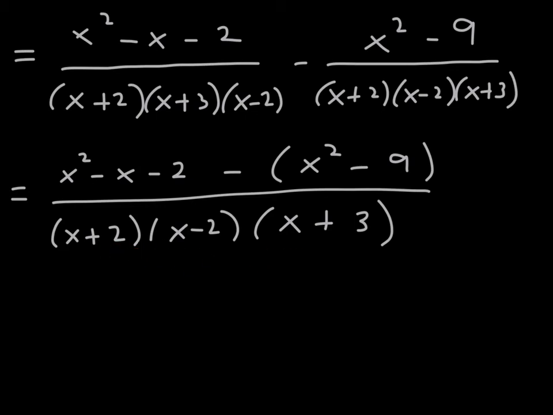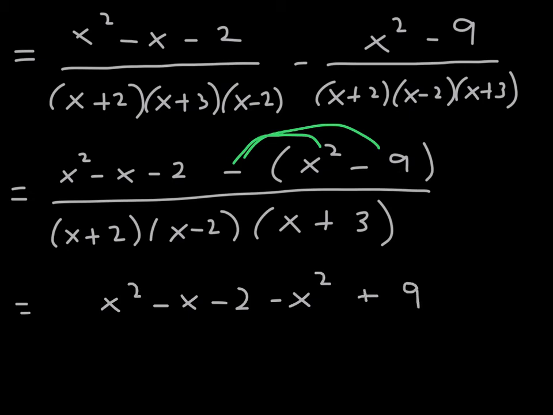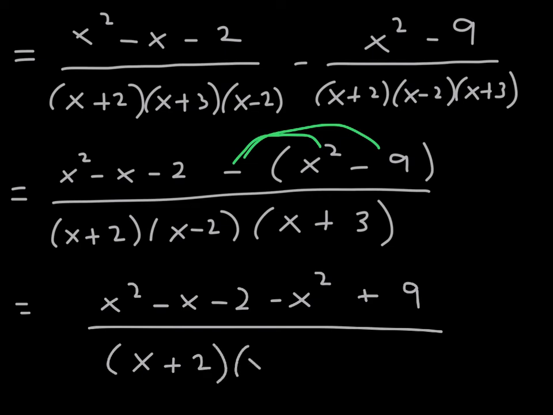You can write them in whatever order you want down here. All right, so be careful that you are distributing that negative, right? That's something to be very, very cautious about. So then you end up with x squared minus x minus 2 minus x squared right here plus 9. That's something to be very, very, very aware of, all right? Watch your signs. Okay, so I hope you can see at this point that positive x squared and negative x squared just cancel.